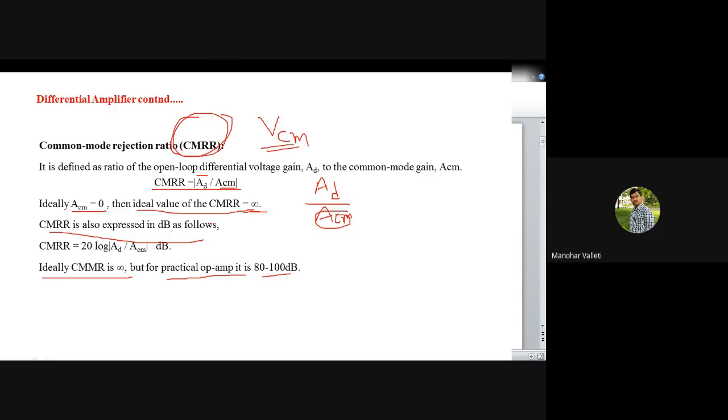Whatever we discussed regarding the differential amplifier is the same for the operational amplifier also. There is no change. Exactly whatever we discussed till now for the differential amplifier, differential gain, differential signal, common mode gain, common signal, all are applicable for the operational amplifier.